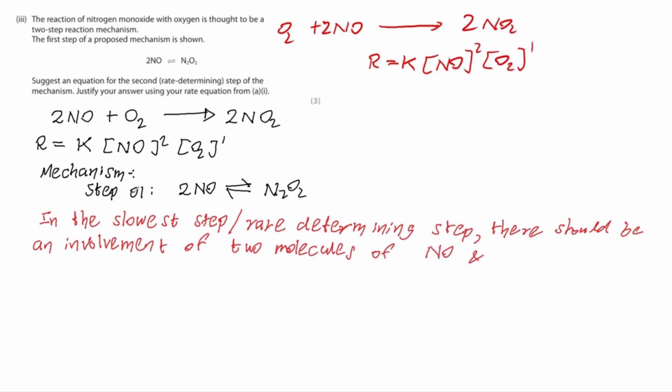And why did I say 2 molecules of nitrogen monoxide? Because can you see, the order with respect to nitrogen monoxide is 2, because it is second order.